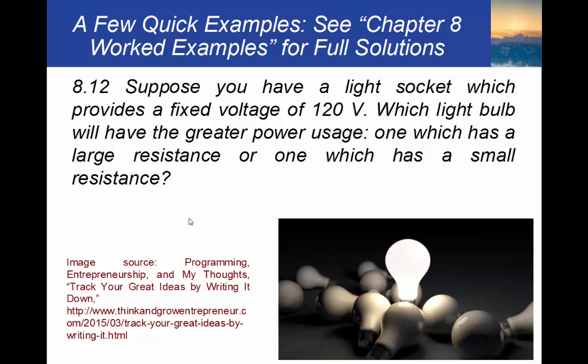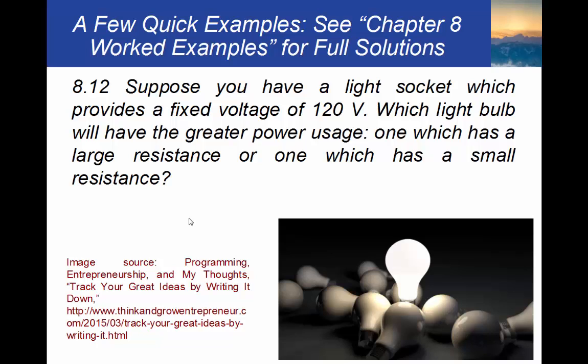This is almost more of a conceptual quiz than a problem, but one way is to figure out how much power is being used by, let's say, a 60 watt bulb and what internal resistance that has, and then do the same thing for a 120 watt bulb.